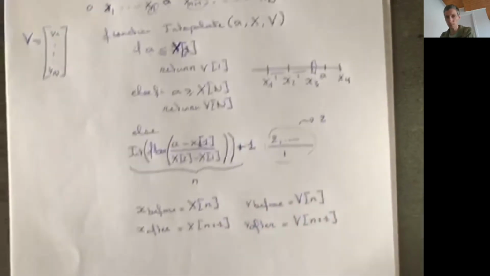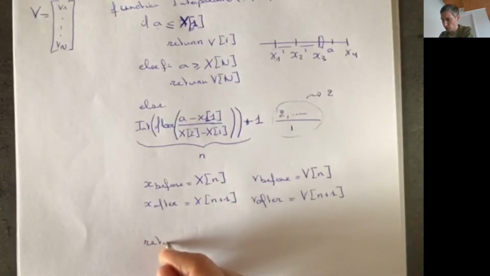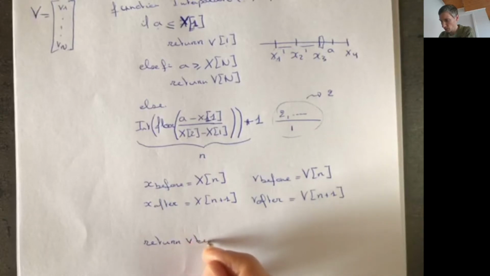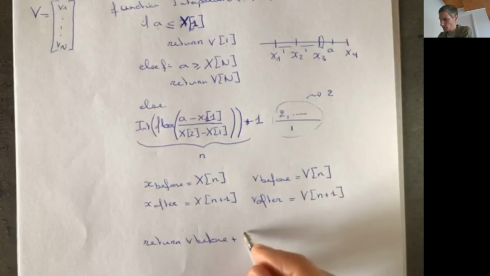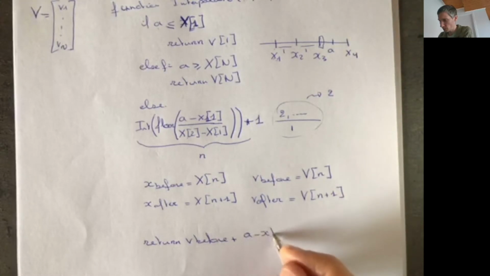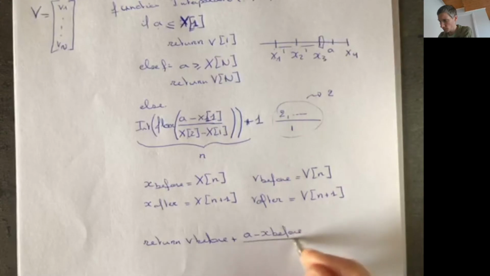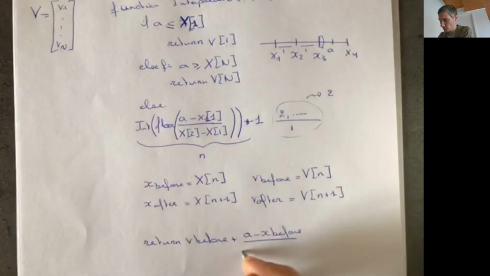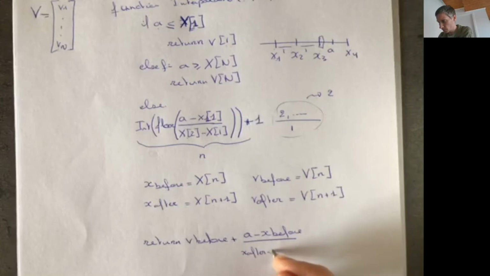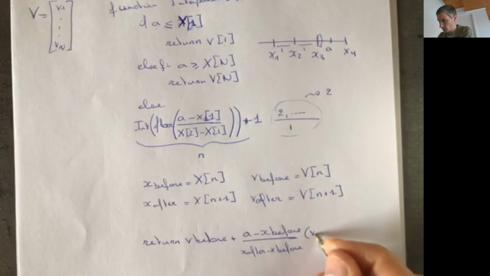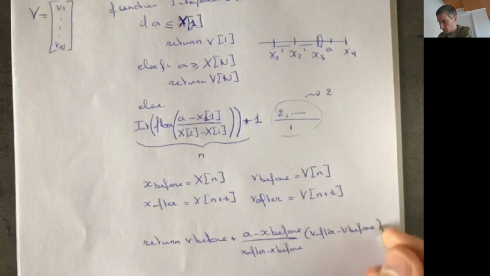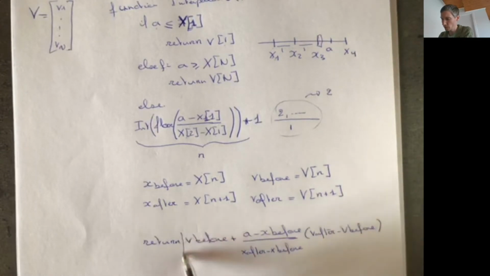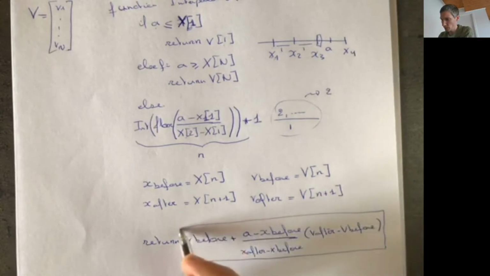So then we're going to return v before plus (a minus x before) divided by (x after minus x before), times (v after minus v before). And this is going to be my interpolating value.